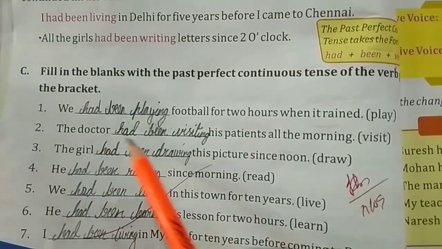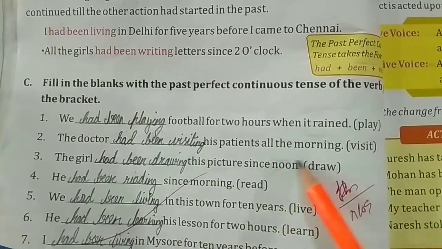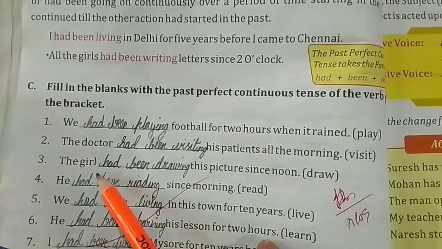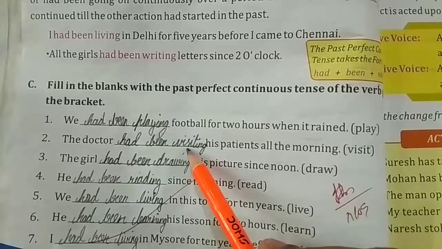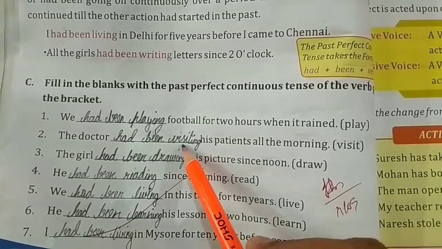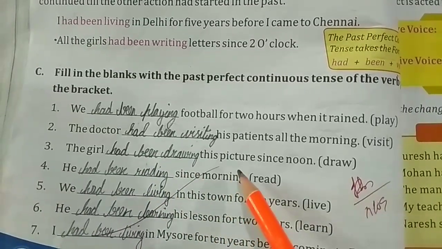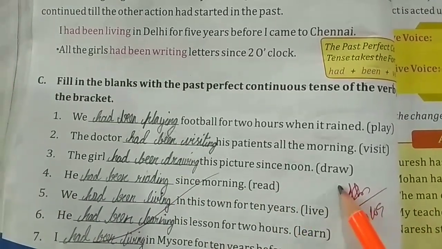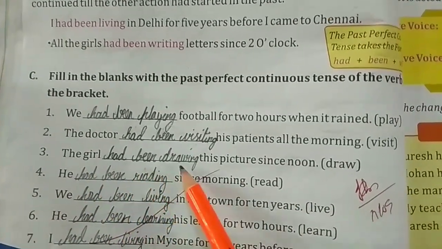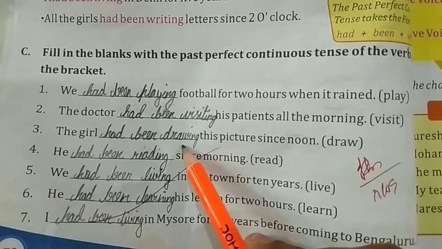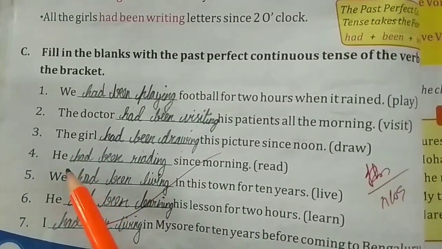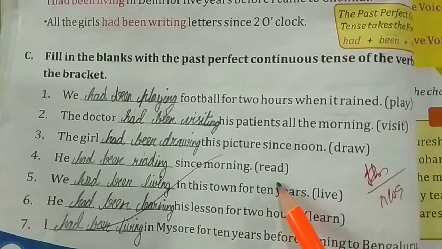Second one, the doctor dash his patients all the morning. Visit. We can write the doctor had been visiting his patients all the morning. Next, the girl dash this picture since noon. Draw. The girl had been drawing this picture since noon. Fourth one, he dash since morning. Read.